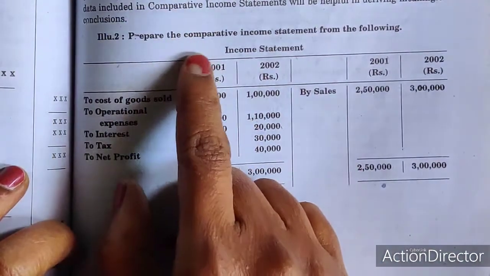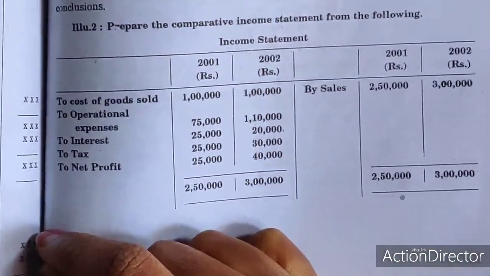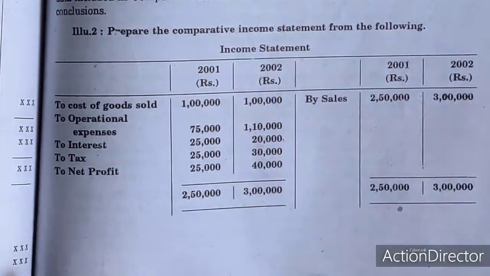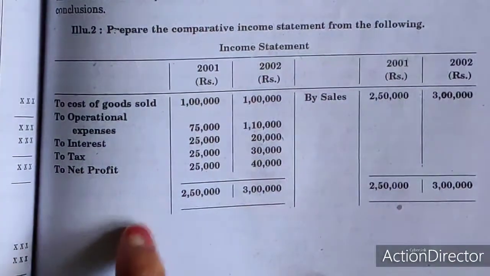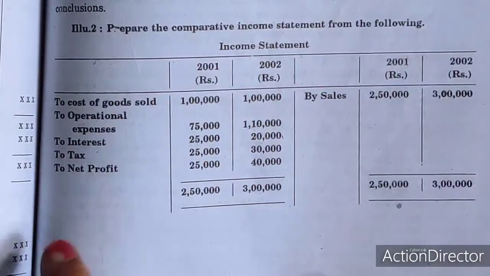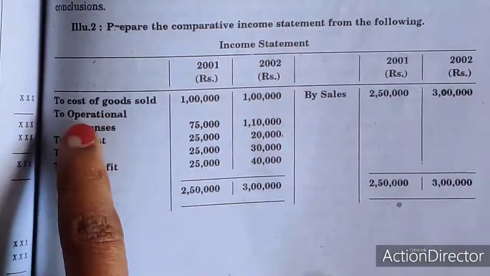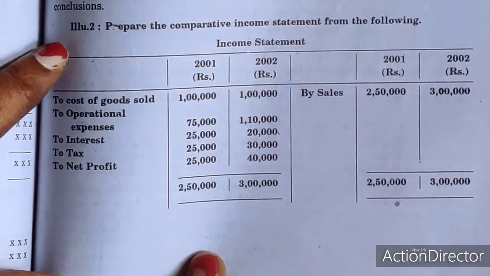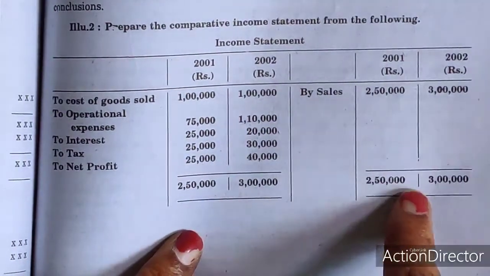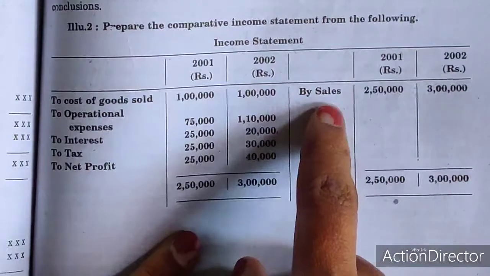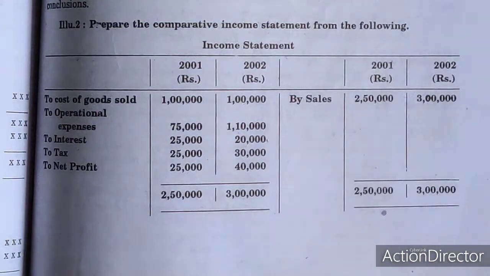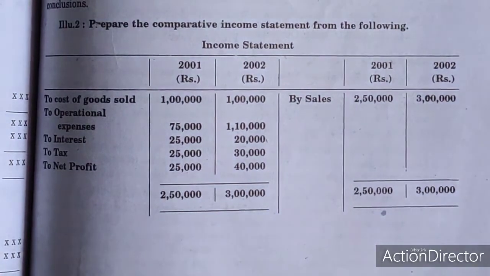Prepare the comparative income statement from the following. Here we are given the profit and loss account information like this. The cost of goods sold in 2001 and 2002. This is the debit side and this is the credit side, sales. We have already shown how to prepare the trading account and profit and loss account.